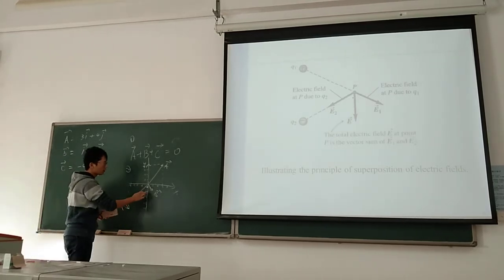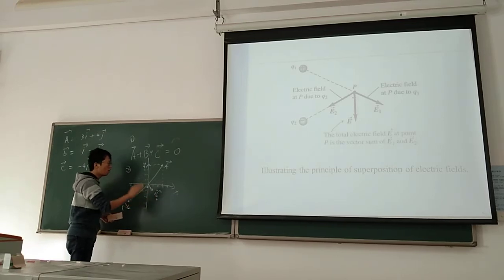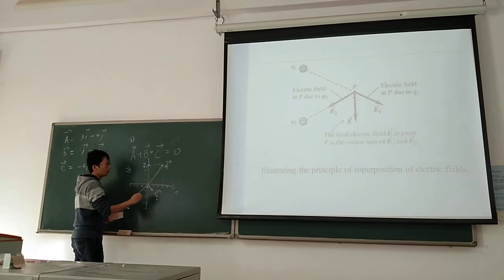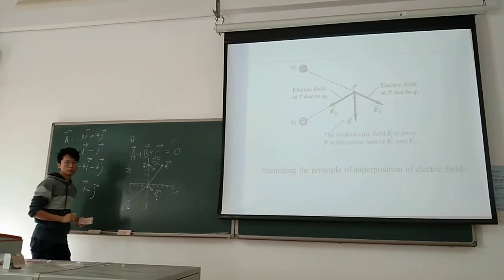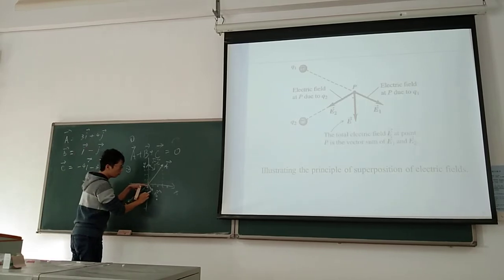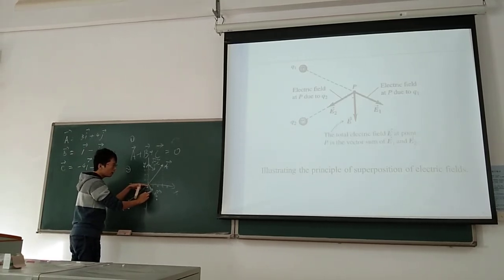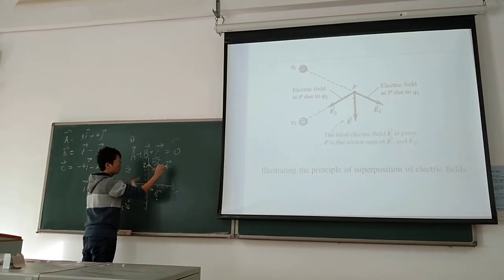So the B can be here, it is correct. Or it can be anywhere, for example, from this point to this point. That is also i minus j. That is correct too. So we can move this B to the end point of A like this.